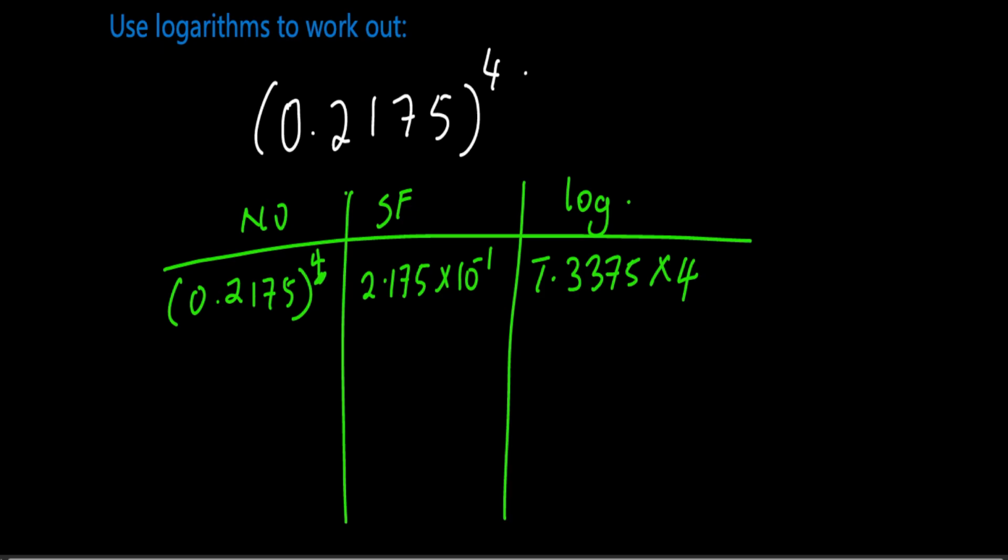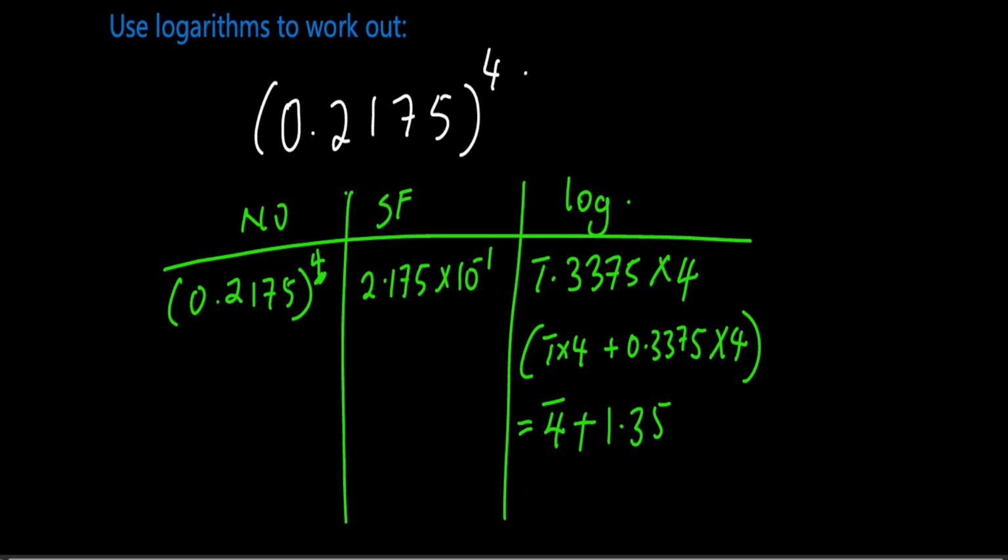Okay. So when you're multiplying such a thing, you need to multiply the bar by 4 and also the mantissa by 4. So we take bar 1 times 4, also 0.3375 multiplied by 4. So bar 1 times 4 is going to give you bar 4, and obviously 0.3375 times 4 is going to give you 1.35.